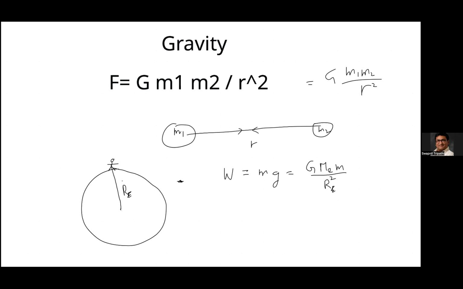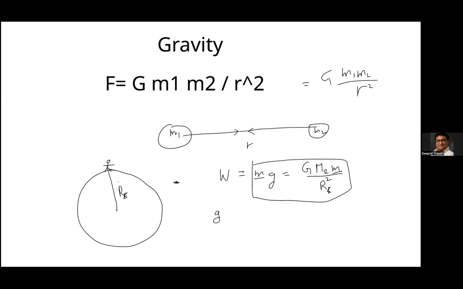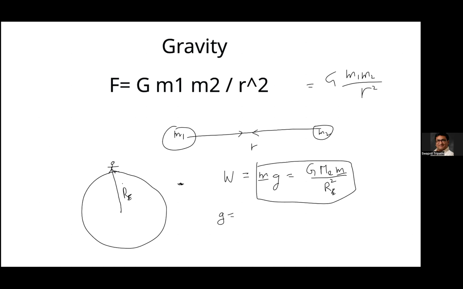If we compare these two, then m is common on both sides, the little m. If we remove that, then we find that g is equal to G Me, the mass of earth, over radius of earth squared. So this is an interesting calculation. One could do this calculation by putting in the values.